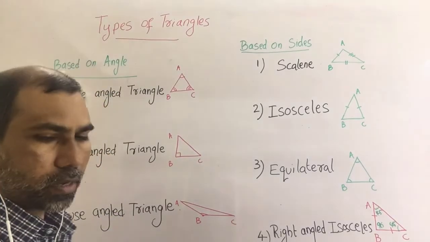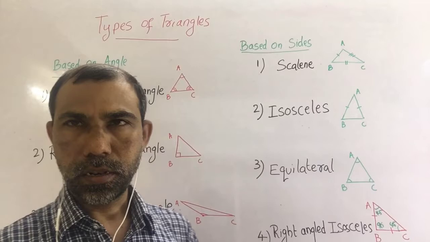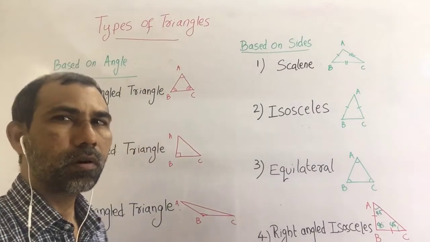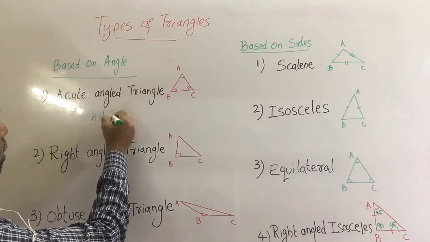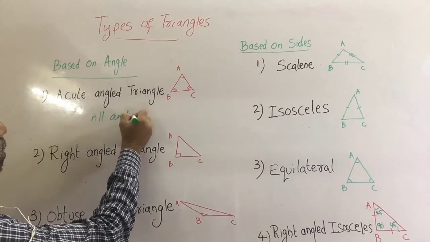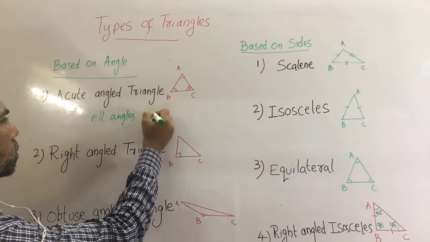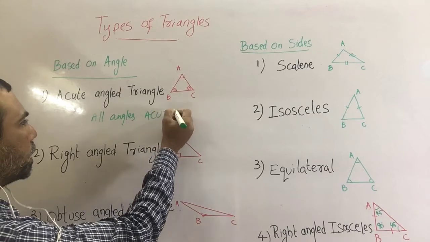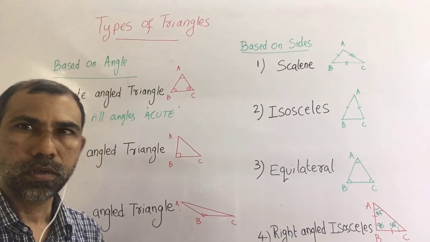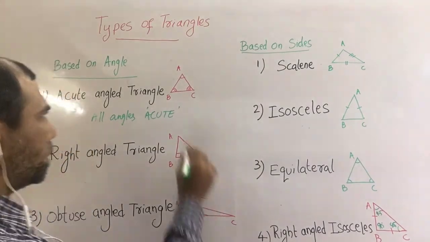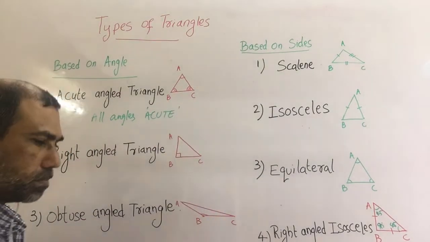If any triangle has all angles acute, then you can say that triangle is an acute angle triangle.